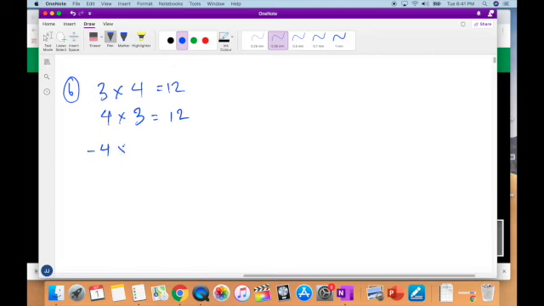Negative 4 times 3 is what? Negative 4 times negative 3 is what? Oh, let me change that. Negative 3 times negative 4 is what? Plus 12, eh? Right, so where's the rule here?